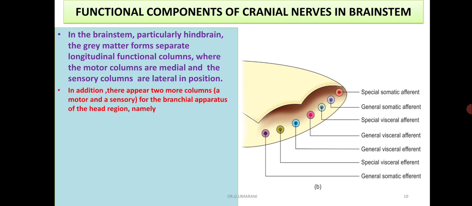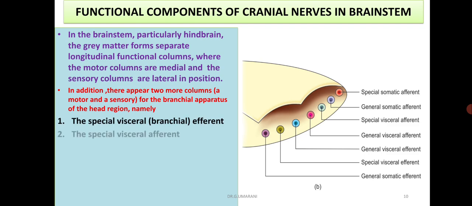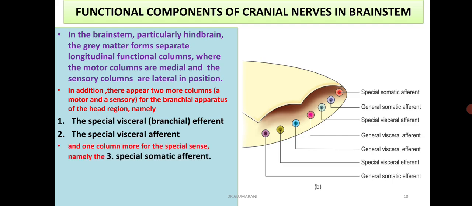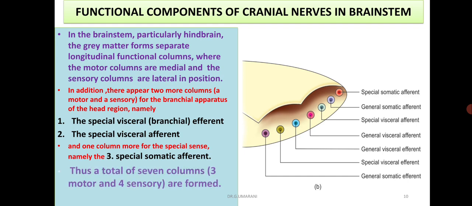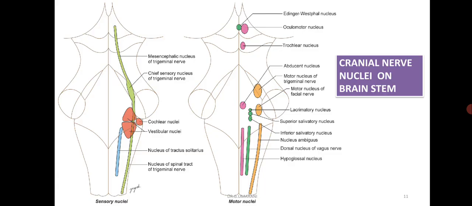Along with that, two more columns are present for the branchial apparatus, known as special visceral afferent and special visceral efferent. One more column is present for the special sense, that is the special somatic afferent. Thus a total of 7 columns, 3 motor and 4 sensory, are formed.